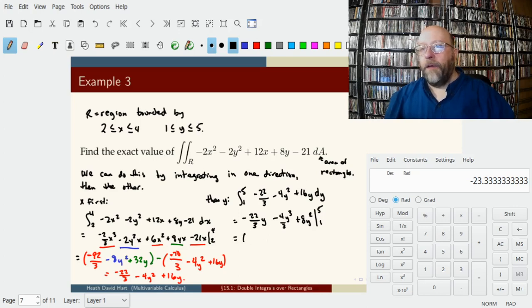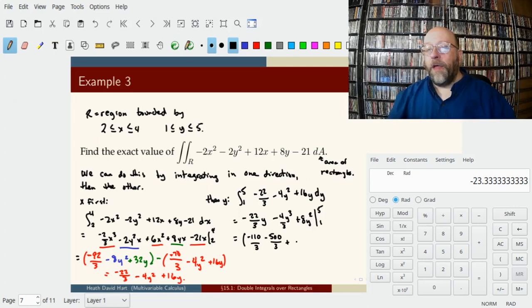All right. So when we plug in 5, we get negative 22 thirds times 5 is negative 110 thirds. And then 4 thirds times 5 cubed is 4 times 125. That's negative 500 thirds, plus 8 times 5 squared.